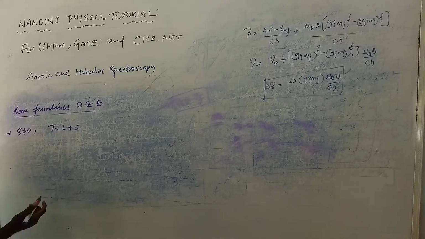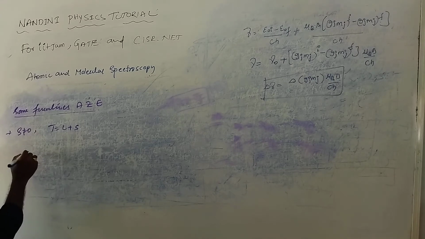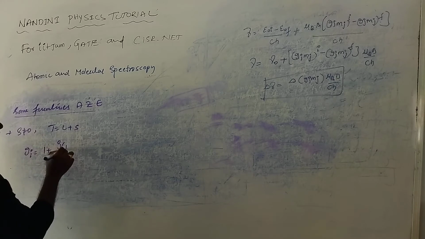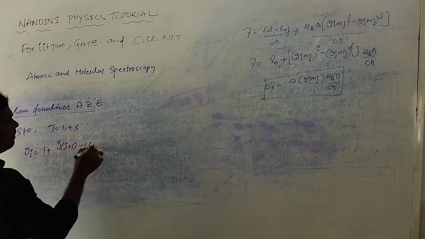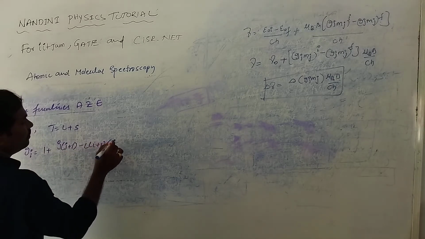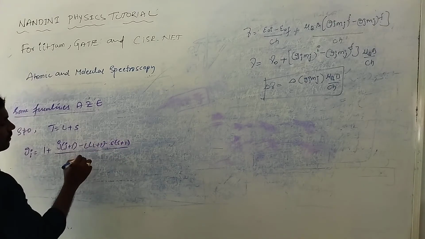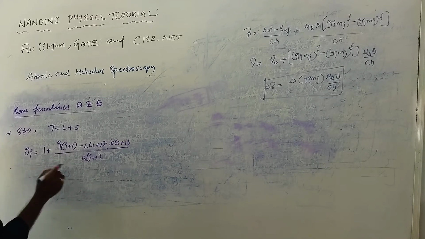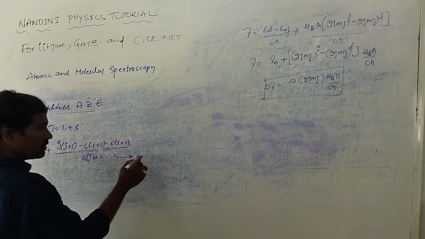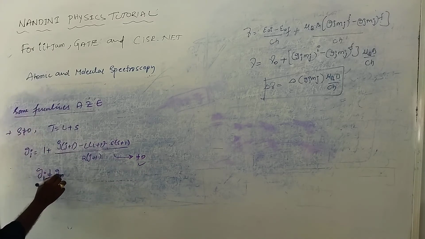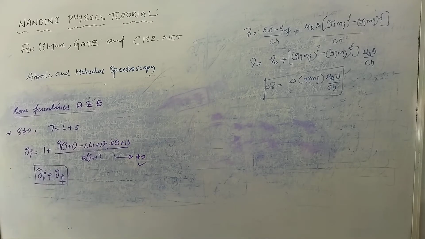The Lande factor Gi is 1 plus J into J plus 1 minus L into L plus 1 minus S into S plus 1, divided by 2J plus 1. This value is not equal to 0, but Gi is not equal to Gf.